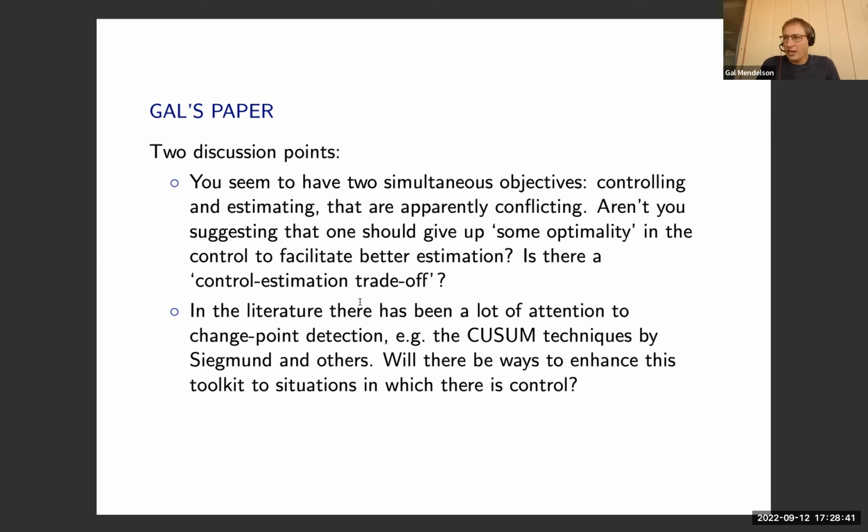Based on a talk that we had a few weeks ago, I've included a short word of this in the presentation, saying maybe there's a trade-off between control, because it was the right place to point out this question, I think, and I'm grateful that you pointed it out.